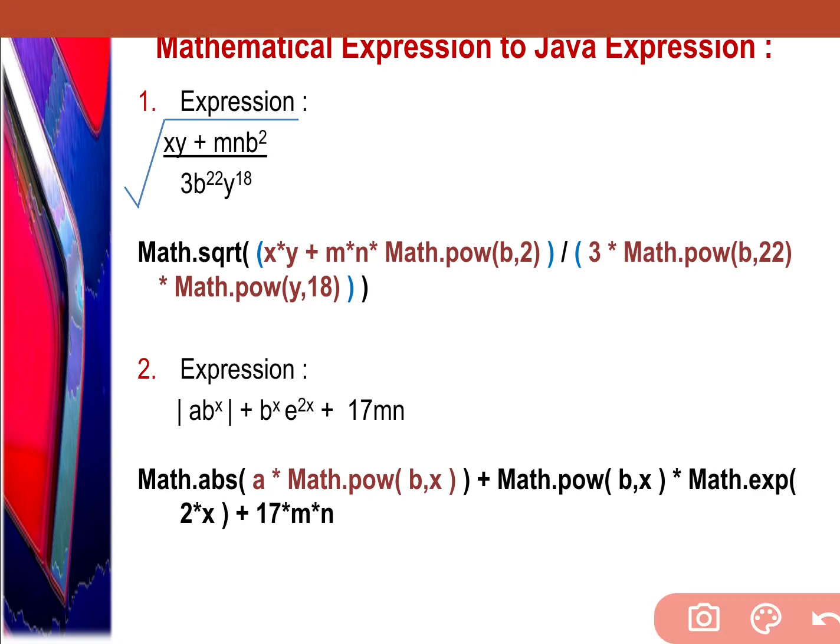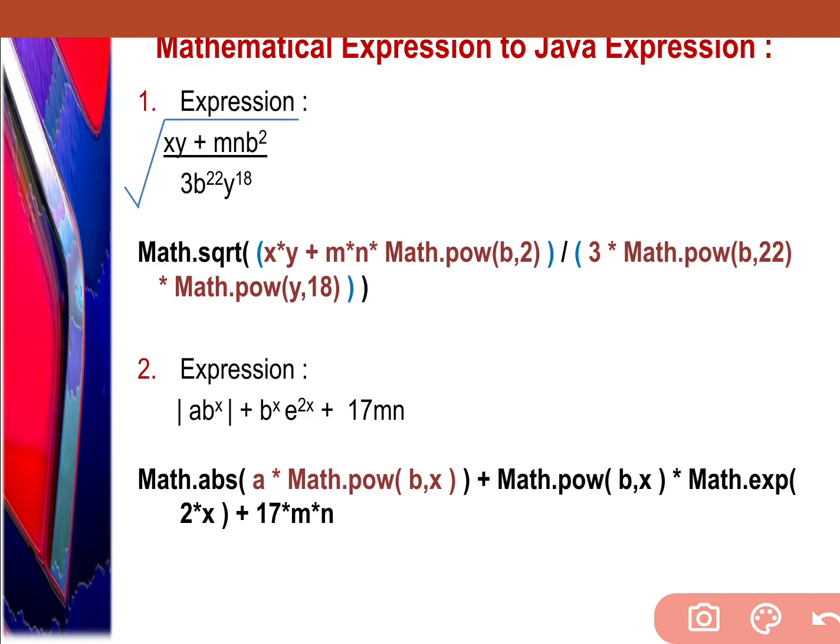That's why I wrote Math.sqrt with the whole bracket here. Inside it we are having a numerator, and till here I am having the numerator.